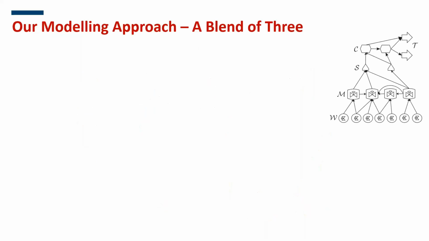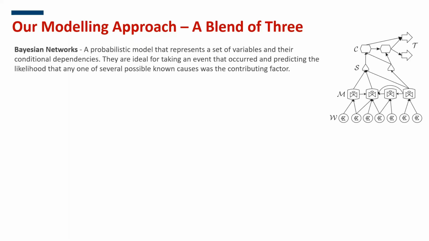Our approach is three-pronged. It's a blend of three existing modelling approaches which complement each other. So the first element here is Bayesian networks. Now, I'm sure that Andy mentioned Bayesian briefly earlier on. So this is not the only element that we're using here. It's, as I say, a blend.